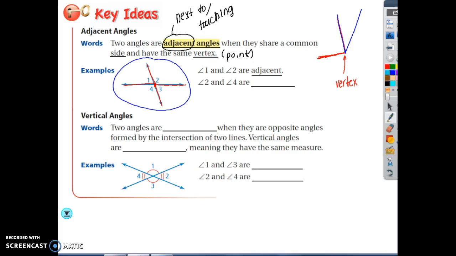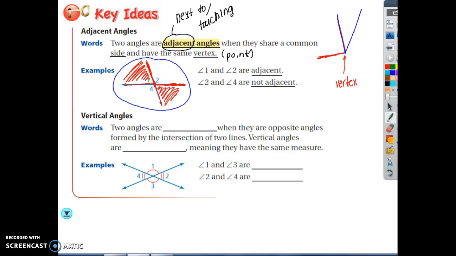However, they don't share a common side. If I look at this side of 2, angle 4 does not use that side at all. In fact, there's all this space in between the two angles. They're not adjacent because they're not sharing a side. So angle 2 and 4 are not adjacent.